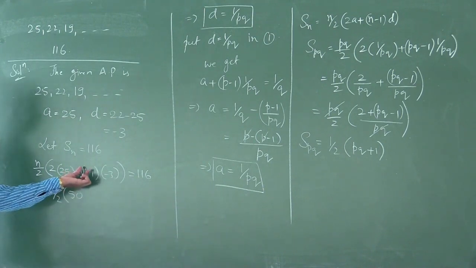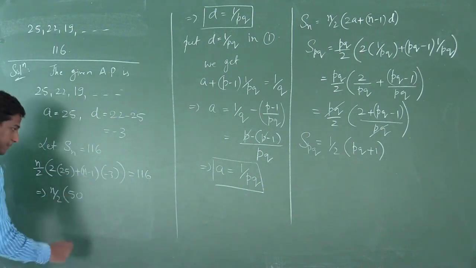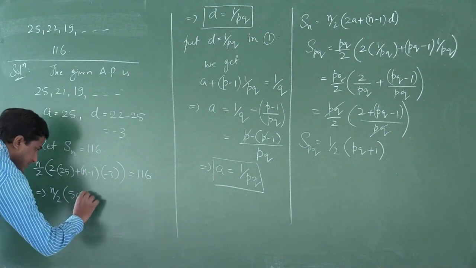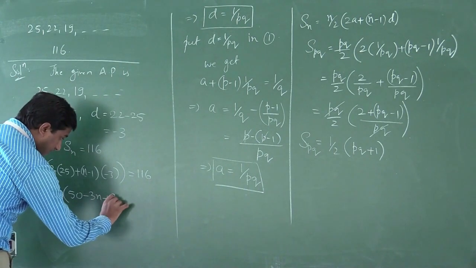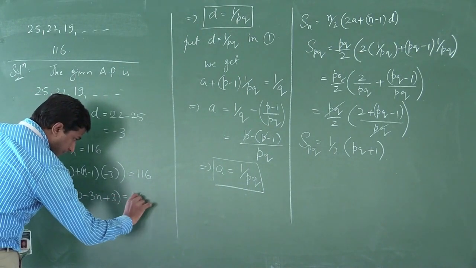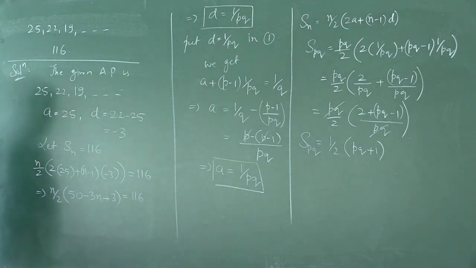I multiply with this binomial. So what happens? Minus 3 into n is minus 3n. Minus 3 into minus 1 is plus 3, equals 116.